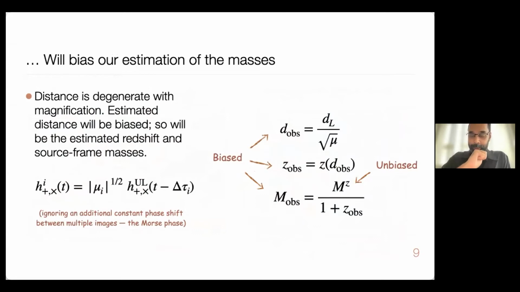So this is what I said. A nearby source would be practically the same as a distant source that is highly magnified. And our distance estimation is biased, as most of you know, because we have no way of directly measuring the cosmological redshift from gravitational wave observations, because the cosmological redshift is totally degenerate with the mass scale of the binary.